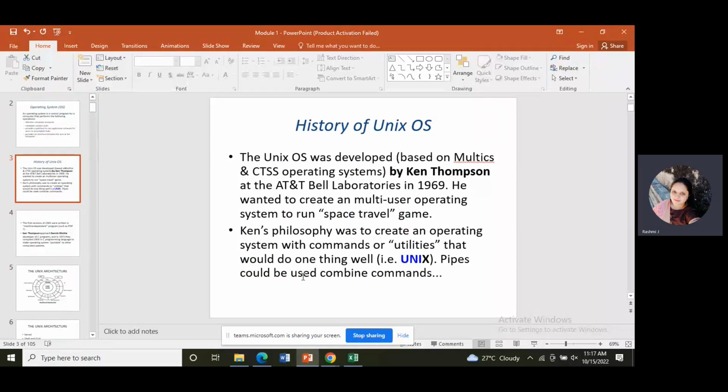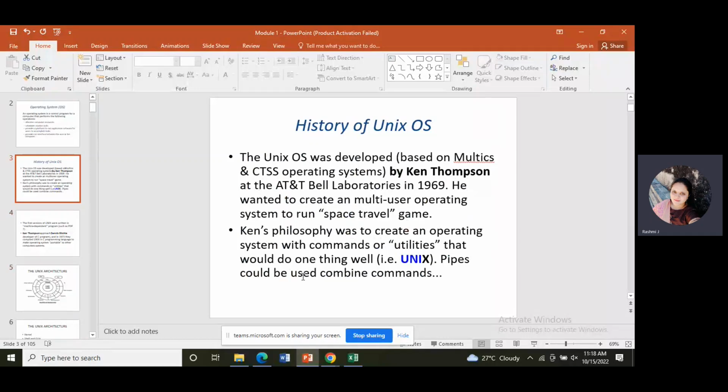So each one was developing their own systems. So the AT&T laboratories again introduced another Unix system called System 5 Release 4, SVR4.